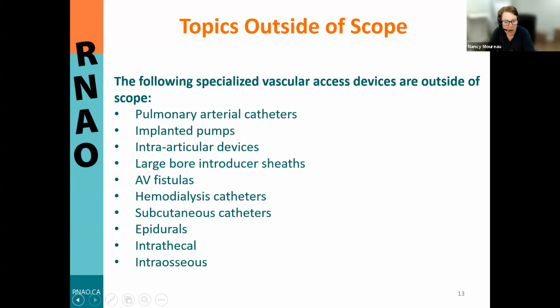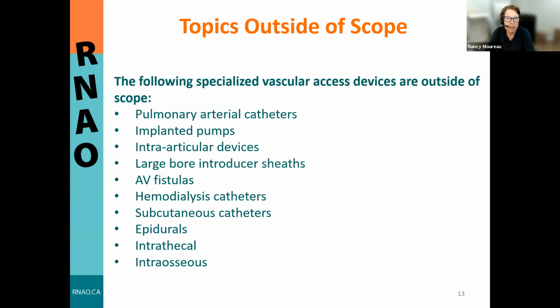When we look at the topic areas that the guideline does cover, they include pulmonary arterial catheters, implanted subcutaneous ports, intra-articular devices, large bore introducer sheaths.